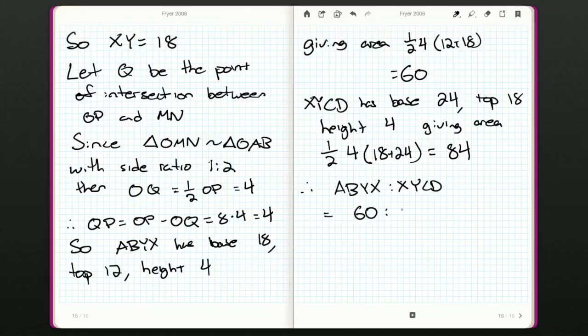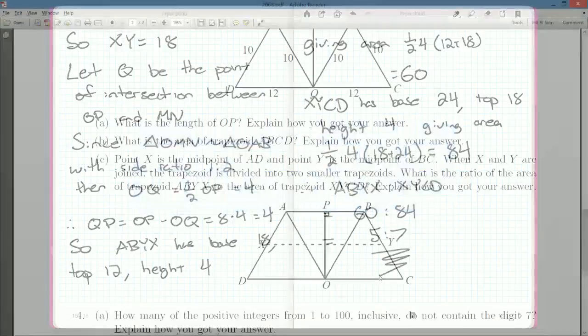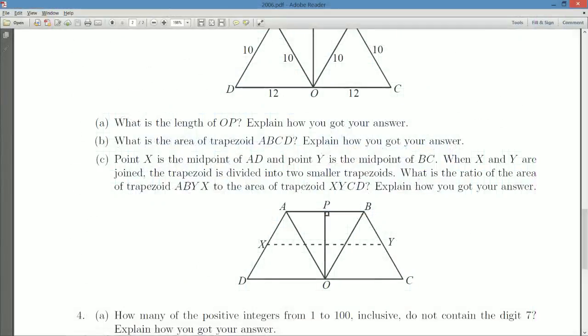That's 60 to 84. But both of these have a common factor of 12. This is going to be 5 to 7. So 5 to 7 is our final ratio between the two of them. And I think that's all we were asked for, just the ratio.